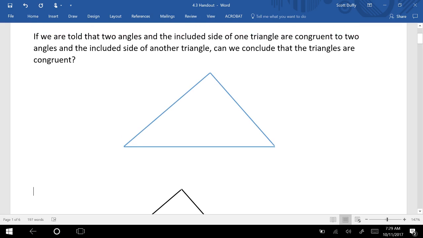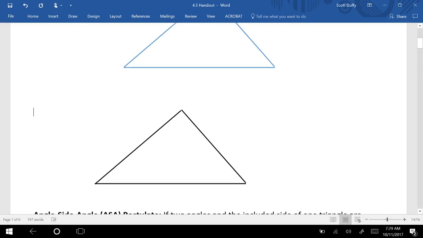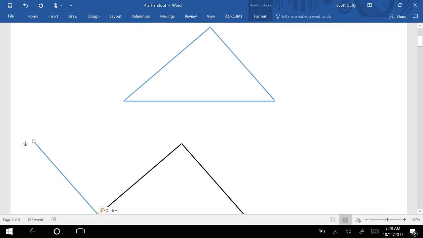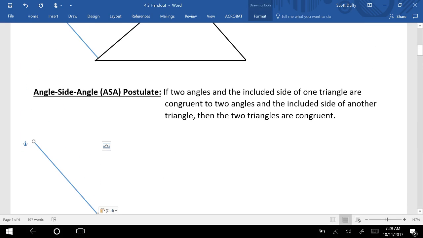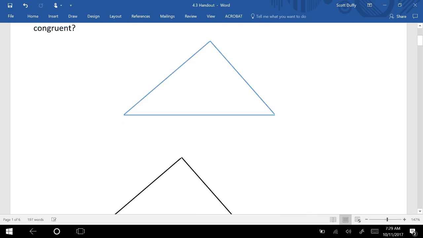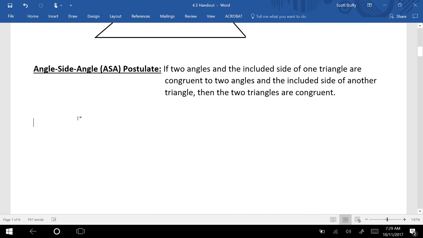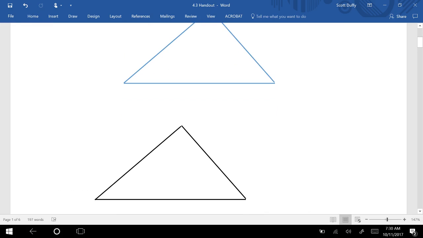So I have this triangle. So I'm going to just draw it instead.